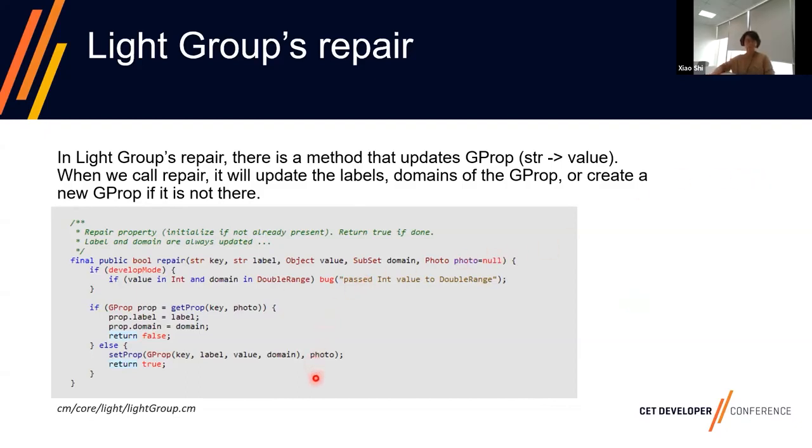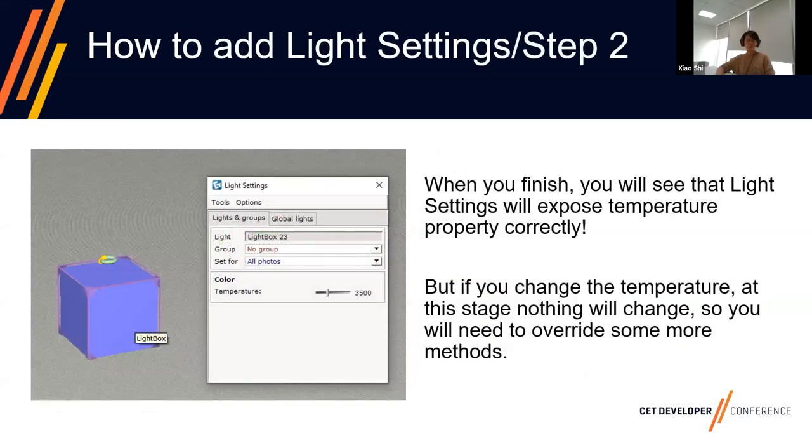And if you have successfully set the prop into your light group, then if you try to open up your light settings again and click the light box that you have added, you can see that the temperature is here. Because this temperature is uniquely defined, it will fall naturally into a color section.